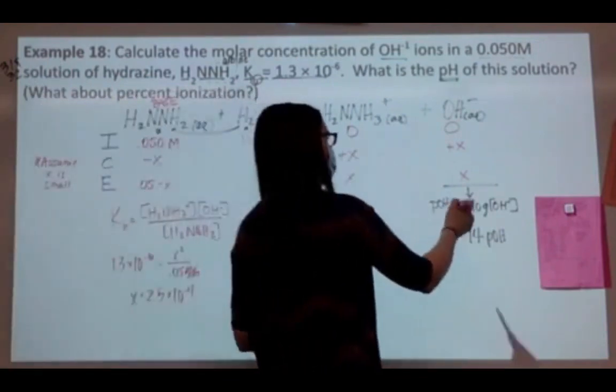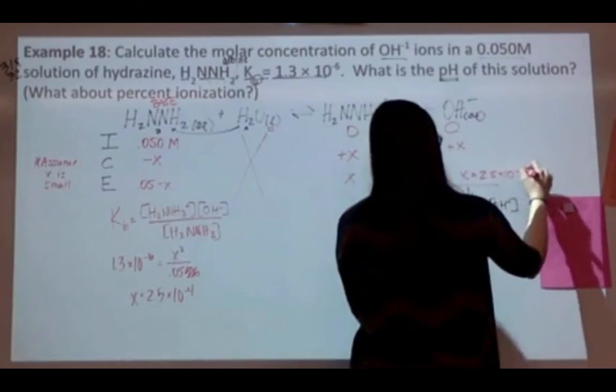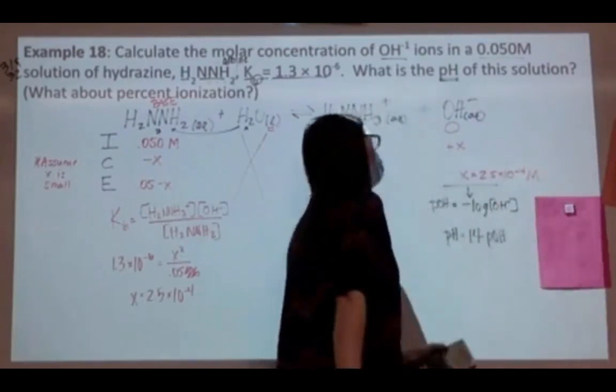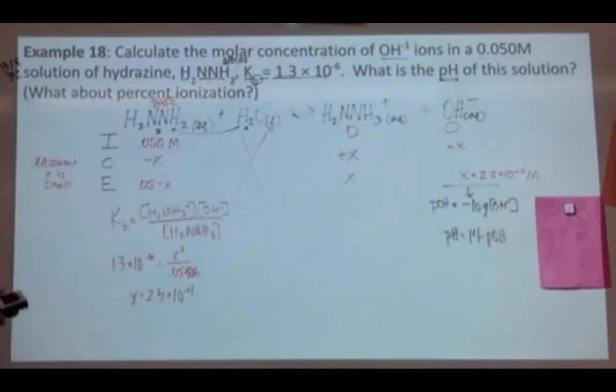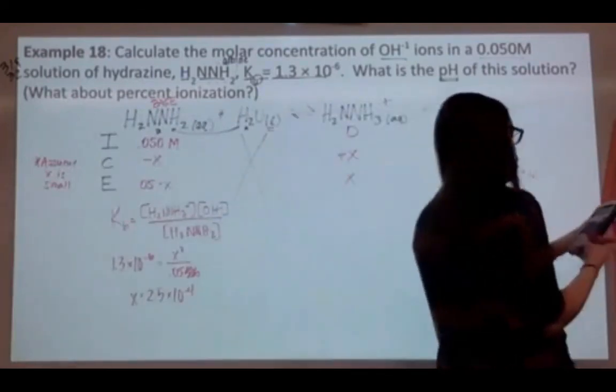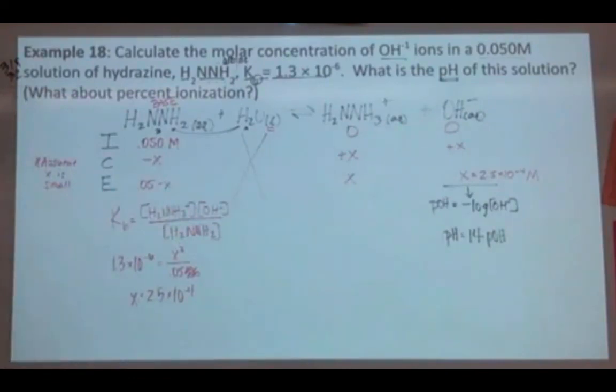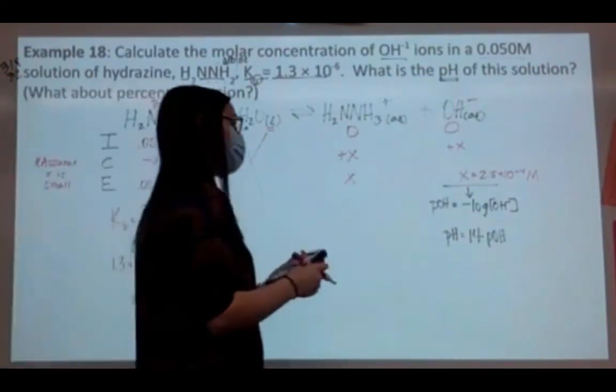I notice that I underlined the X over here. 2.5 times 10 to the negative 4 is the molarity of OH minus. Now, I'm keeping it in my calculator, so you might round a little differently, which is fine. When I do the negative log of OH minus, we are finding pOH.